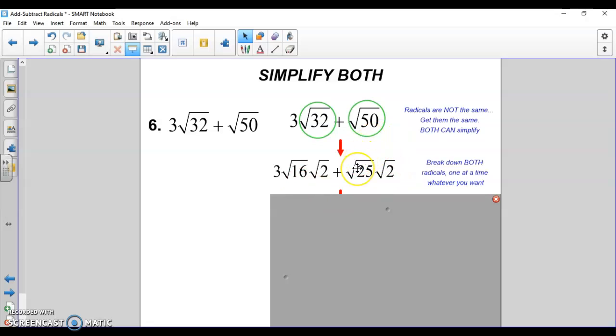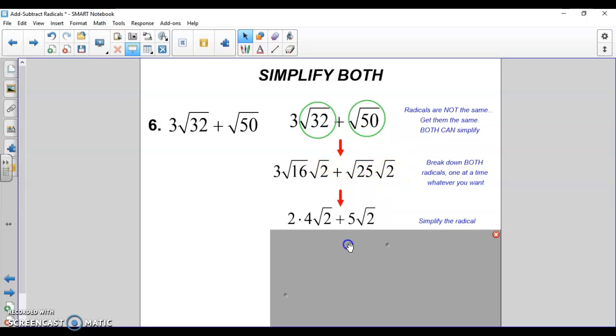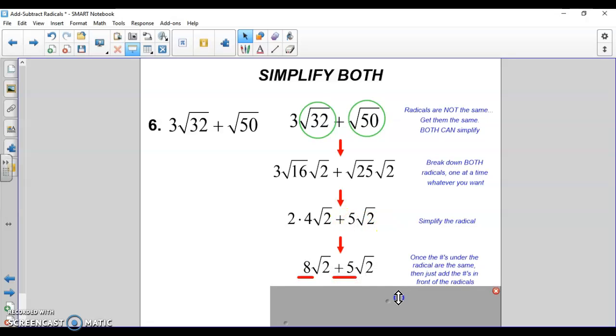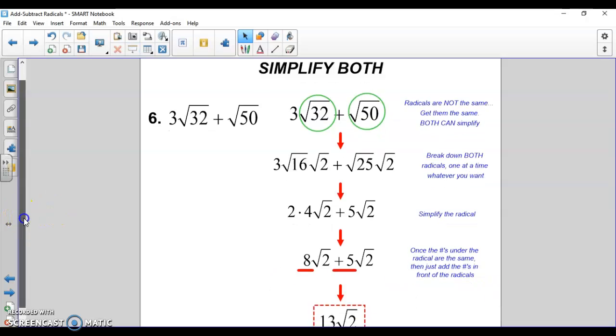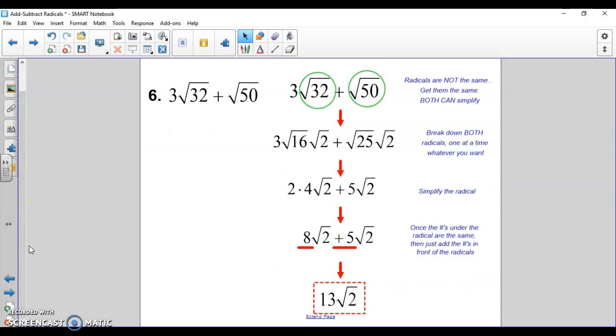The biggest factor of 50 is 25. That's a perfect square. Look at both of these underneath the radical. There's a 2 left underneath the radical here. So you have 2 times 4 times radical 2 plus 5 times radical 2. So we get 8 radical 2 plus 5 radical 2. Final answer is 13 radical 2.